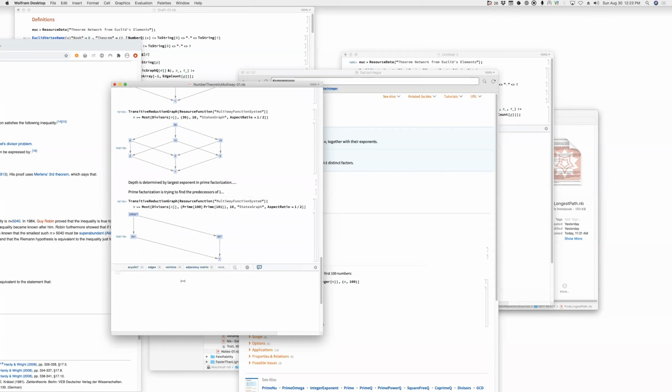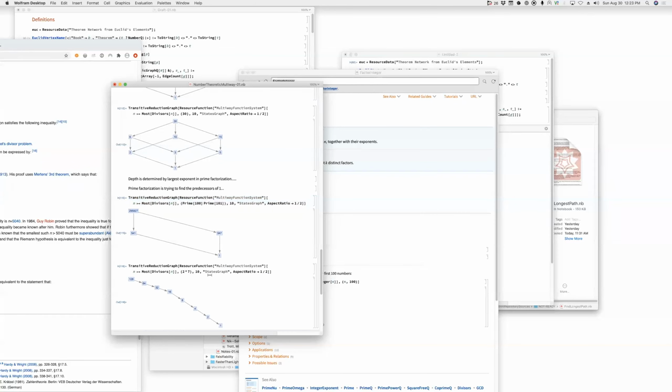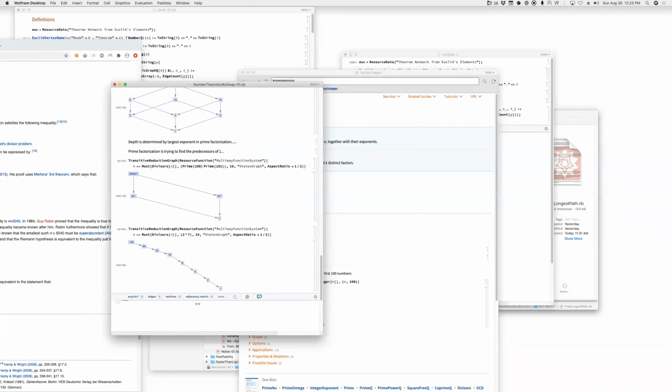Okay, so your claim, okay, so now if I were to do the corresponding plot, I don't know whether I'm doing this transitive reduction thing, but if I were to do it for 2 to the n, there it is.